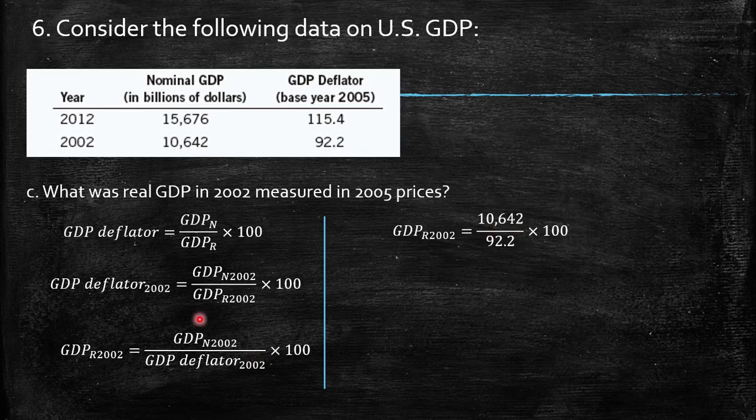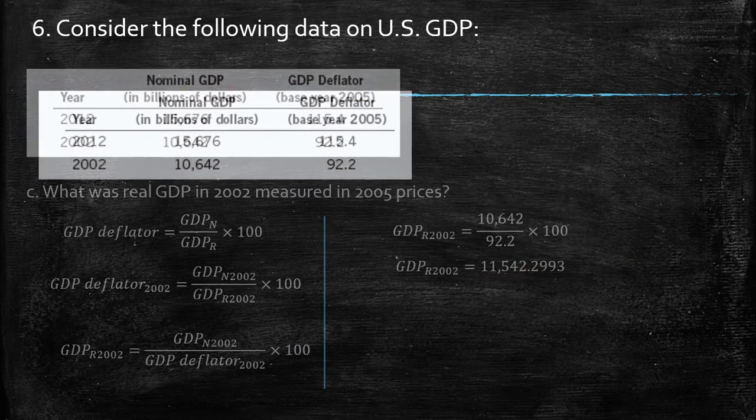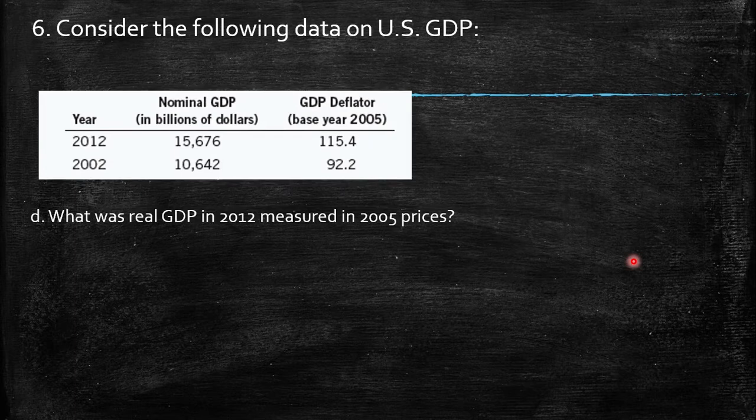So it should be nominal for 2002 over the deflator 92.2. With this computation, the GDP real for 2002 should be around $11,542.